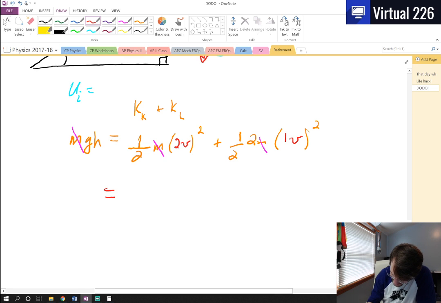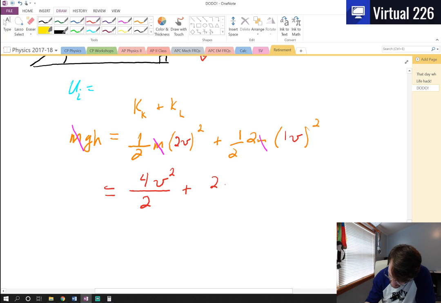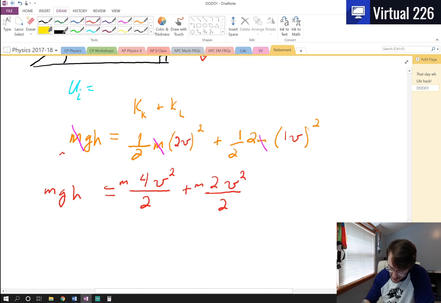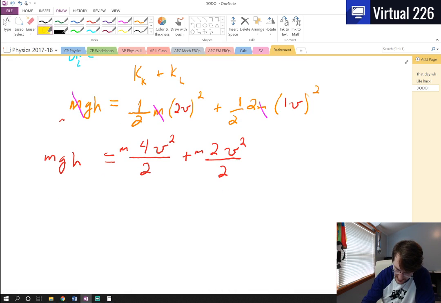What I see here is I'm going to get 2v squared, which is 4v squared over 2, plus, on this side, 2 times v squared over 2. And if I throw the m's back in, here's an m, here's an m, here's an m, I'm going to get the mgh. What this means in total is that this 4/2 is a value of 2, 2/2 is a value of 1.